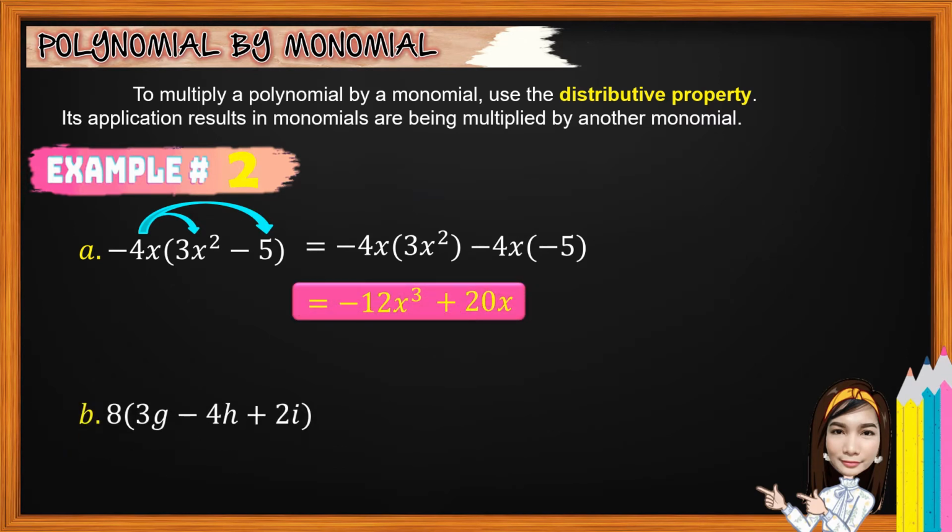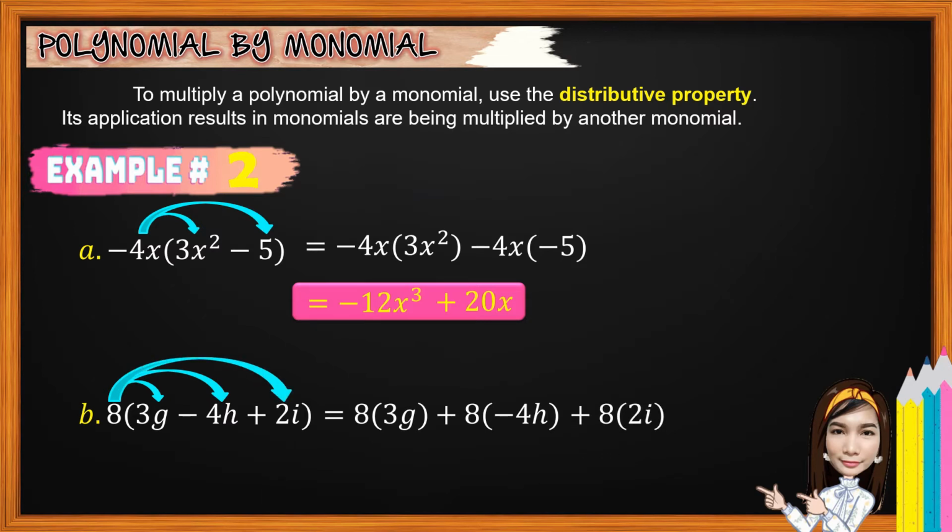For letter B, we have the given 8 times the quantity 3g minus 4h plus 2i. First, distribute 8 to the first term. We have 8 times the quantity 3g. Distribute 8 to the second term. We have positive 8 times the quantity negative 4h. Distribute 8 on the third term, we have positive 8 times the quantity 2i.